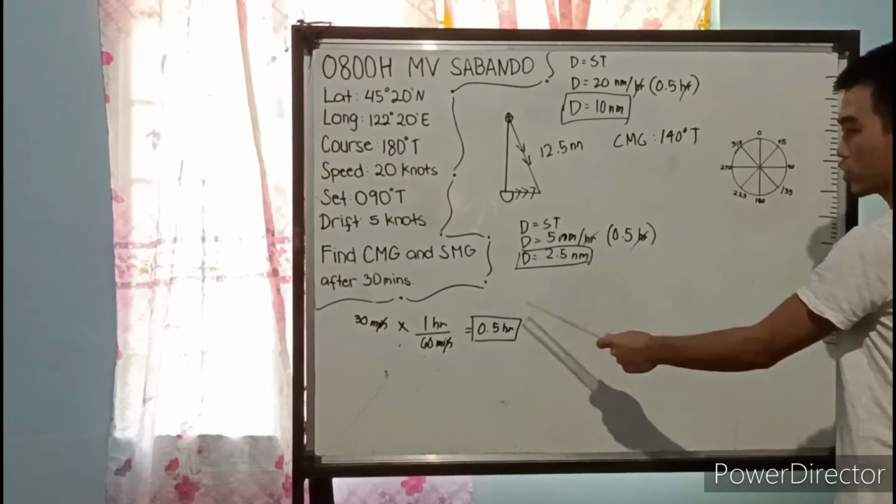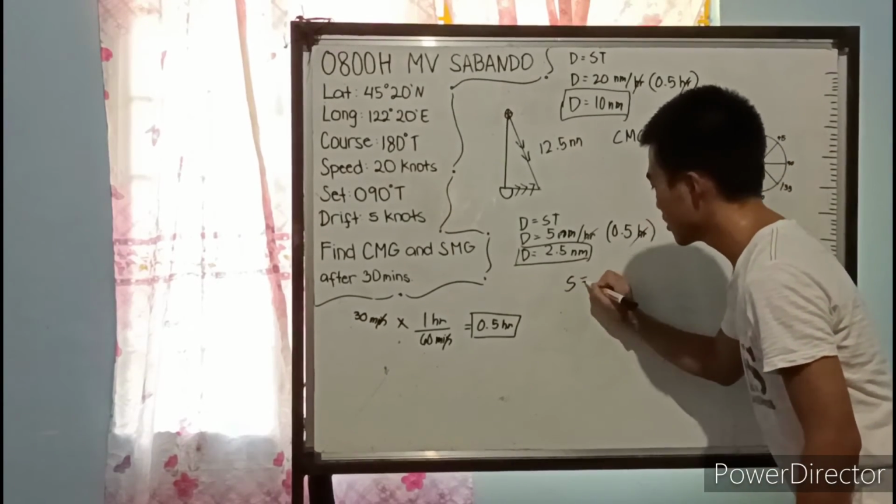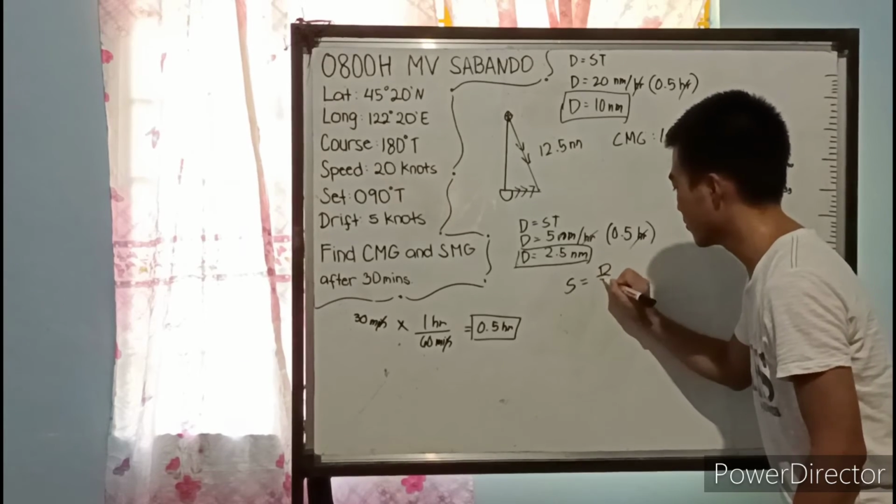Then we're going to find the speed made good using the formula. Speed is equal to distance divided by time.